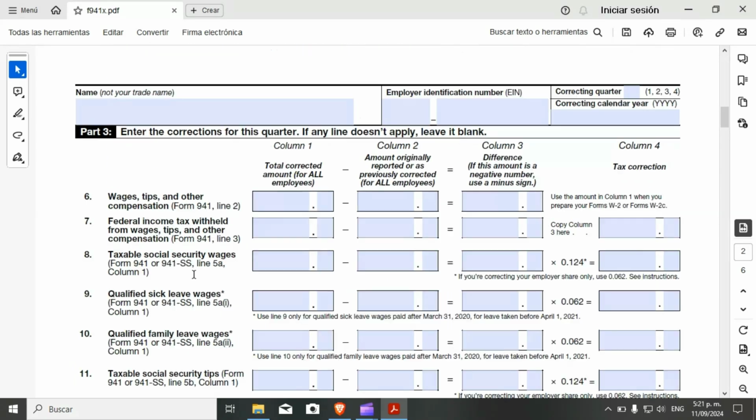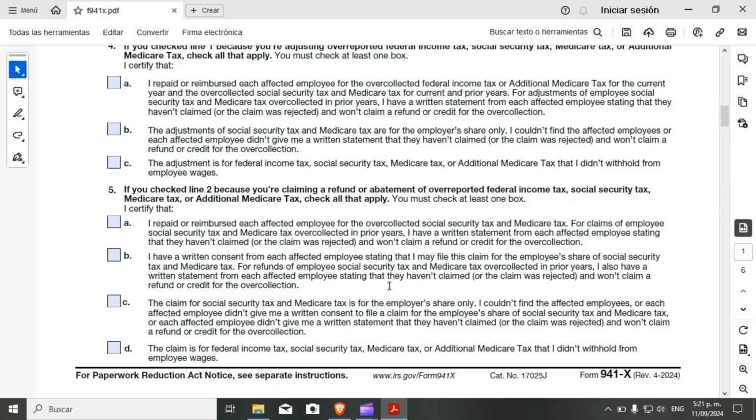And then part number three is a claim for the Social Security and Medicare of the employer's share only. So only the business owner's aspects of the taxes that are due, the part that the business paid, because you couldn't find any employees, or they didn't want to sign the letter saying you can request the return of their portion of the refund.